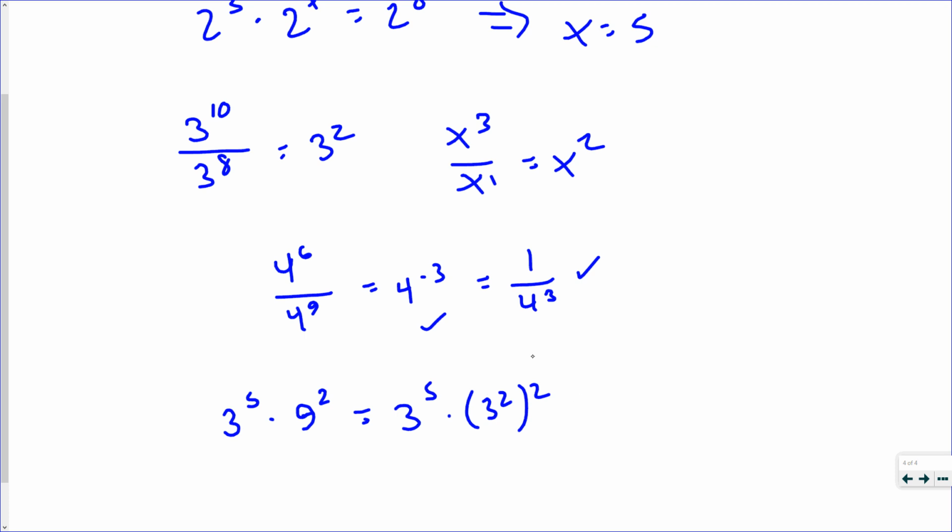Now what you have is a power of a power, which means powers get multiplied. And this is equal to 3 to the fifth times 3 to the fourth, since 2 times 2 is 4. And now these get added to make 3 to the ninth.